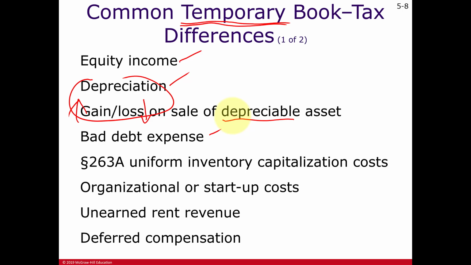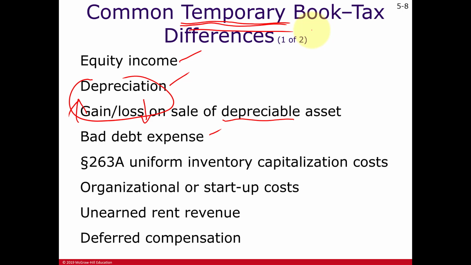There is no such thing as an allowance for doubtful accounts for tax purposes. Okay, so that's a timing difference, temporary. Eventually, in the long run, if you were to stop selling, they would catch up and match each other, be it the allowance method or the direct write-off method.